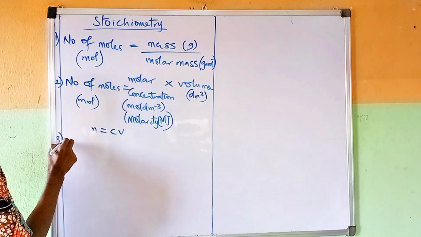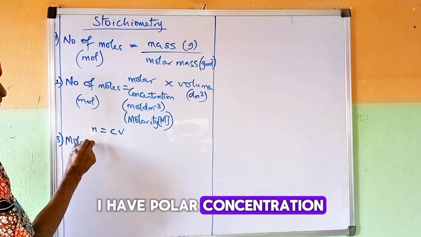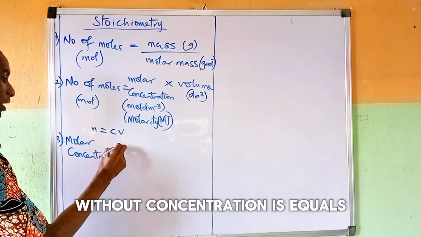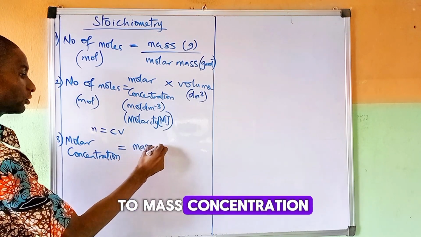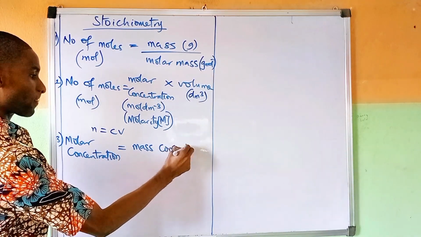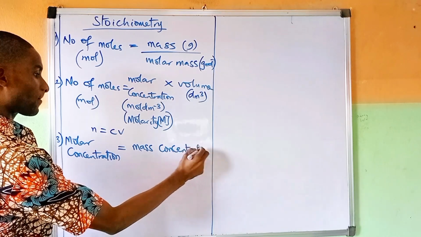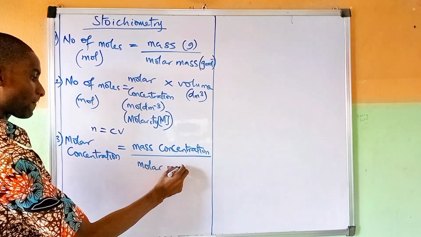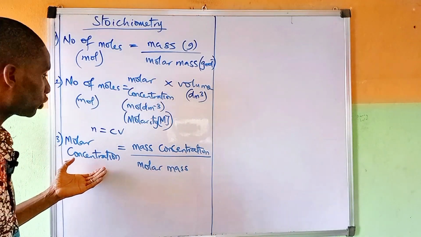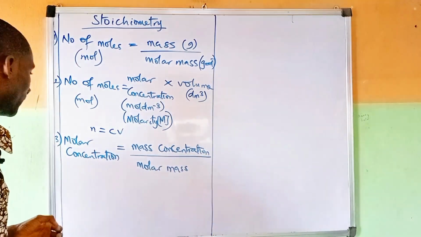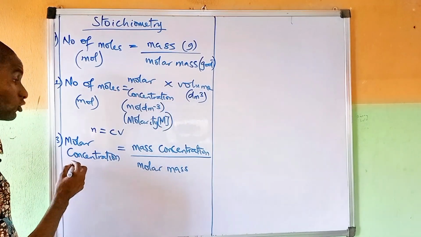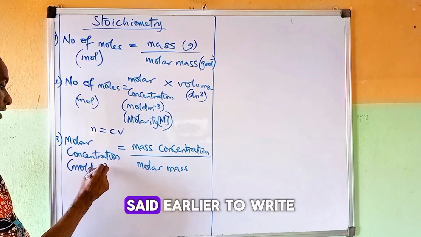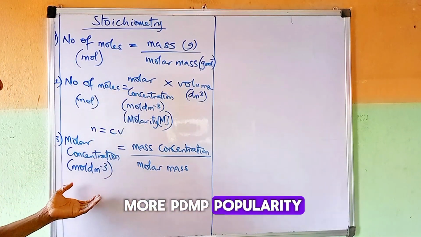Number 3, I have molar concentration. Molar concentration equals mass concentration over molar mass. The SI unit for molar concentration is mole per dm³, as I have stated earlier, or molarity.